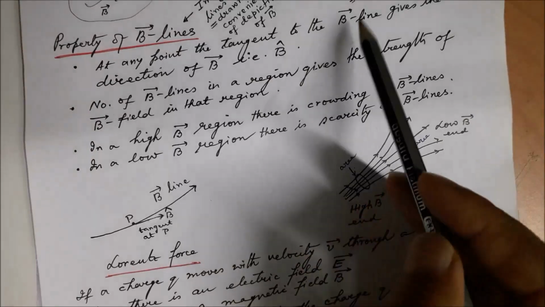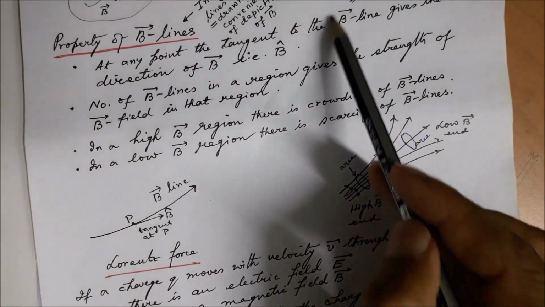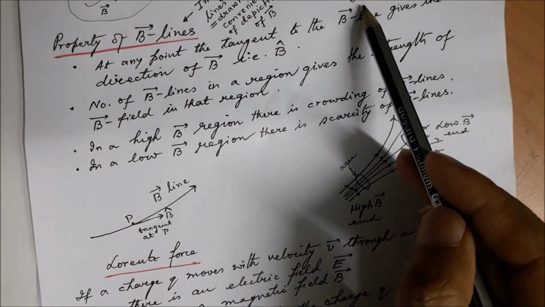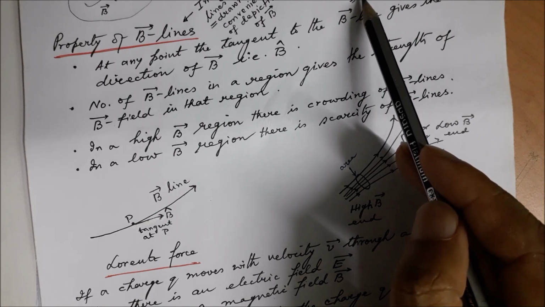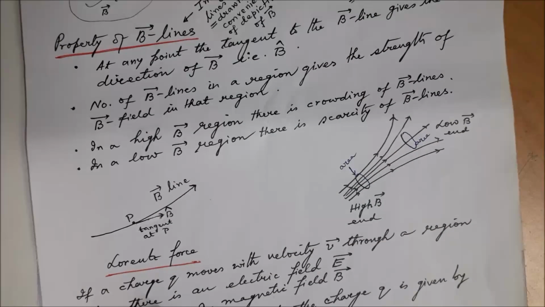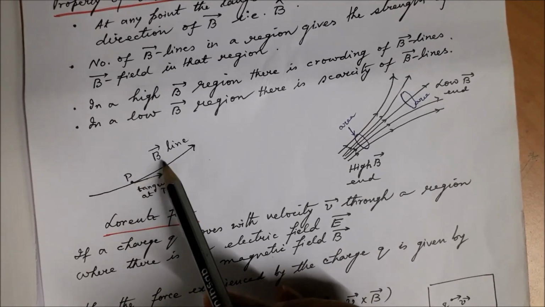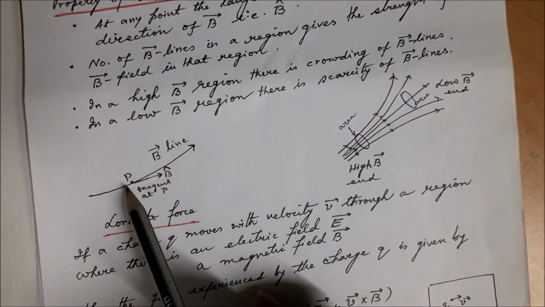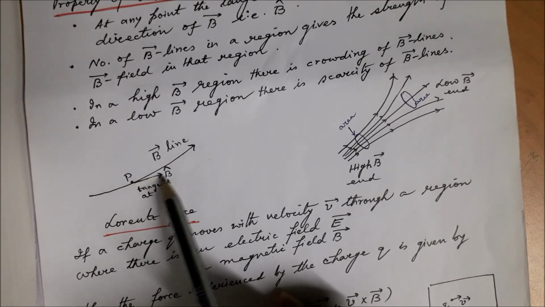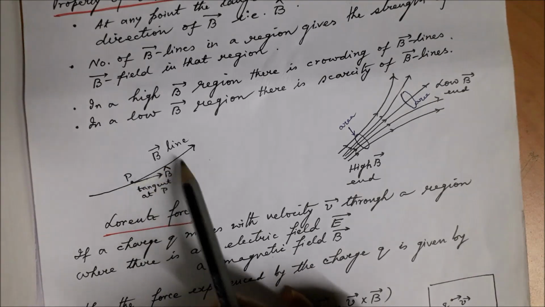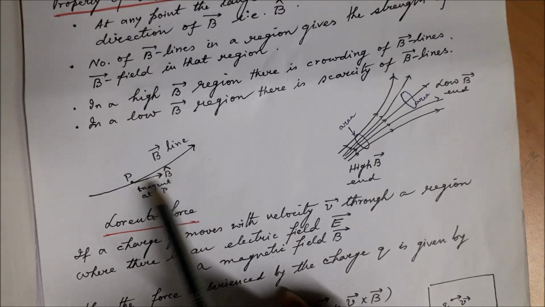Now, the magnetic induction vector is a vector quantity, so it will have a magnitude and a direction. This B line is such a line that at any point P, if we draw a tangent, it will indicate the direction of the magnetic induction at that point.